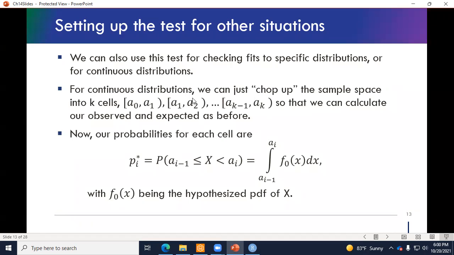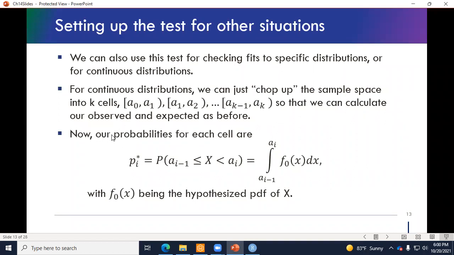We know that in a continuous distribution the sample space is continuous, like from 0 to 1, or from a to b, but we can divide it up into k different intervals, and connecting them together gives the whole sample space. Once we get these k cells, we can calculate the observed and expected just as before, counting how many observations fall in each of the intervals.